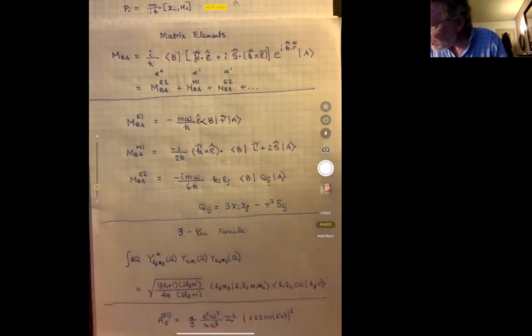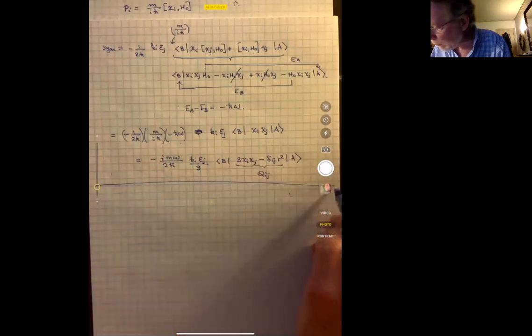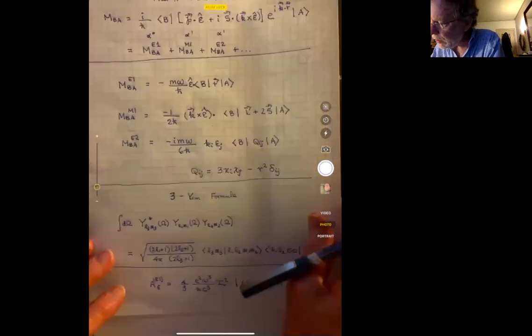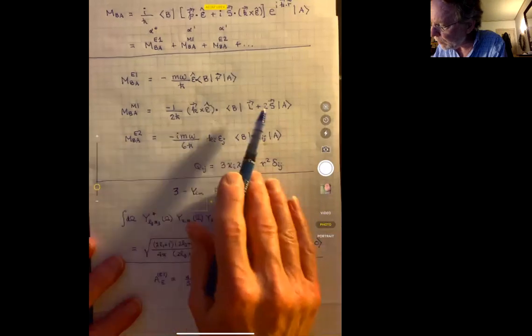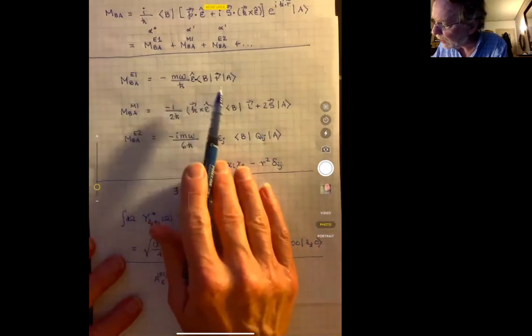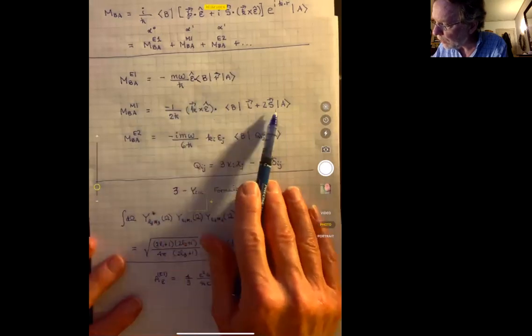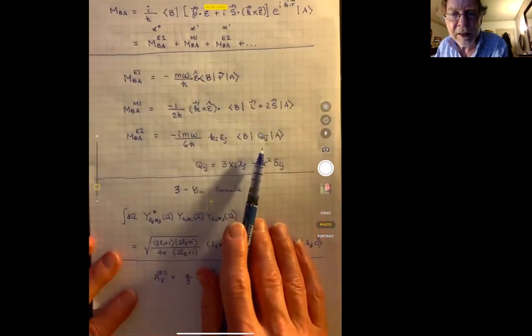so that's the analysis that I want to make of the matrix element. Let's see, the next thing to talk about is, actually, I do want to say more about the matrix elements. You can see that these matrix elements, all three of them, involve matrix elements between the initial and final atomic states of certain operators. There's the position operator, there's L+2S, and then there's the quadrupole moment tensor.